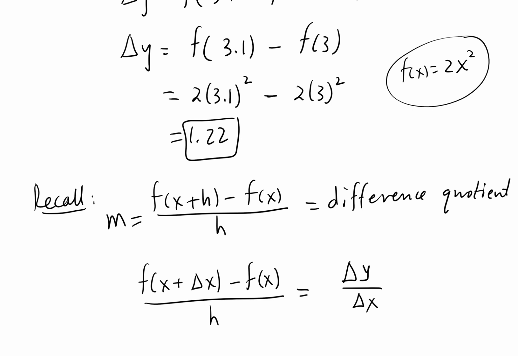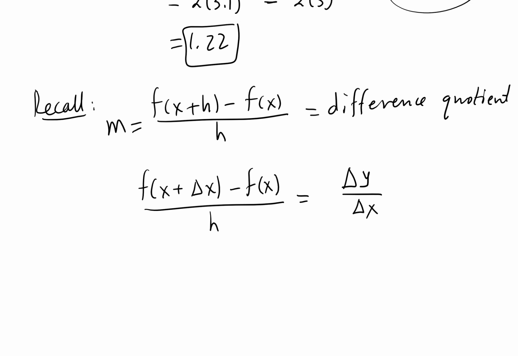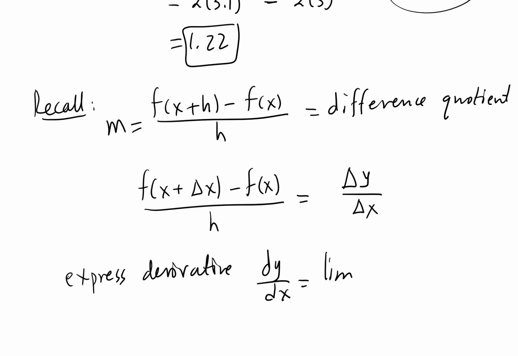And we can then say we express the derivative dy dx as the limit of delta y over delta x, the slope, as delta x approaches 0, meaning delta x is very small.